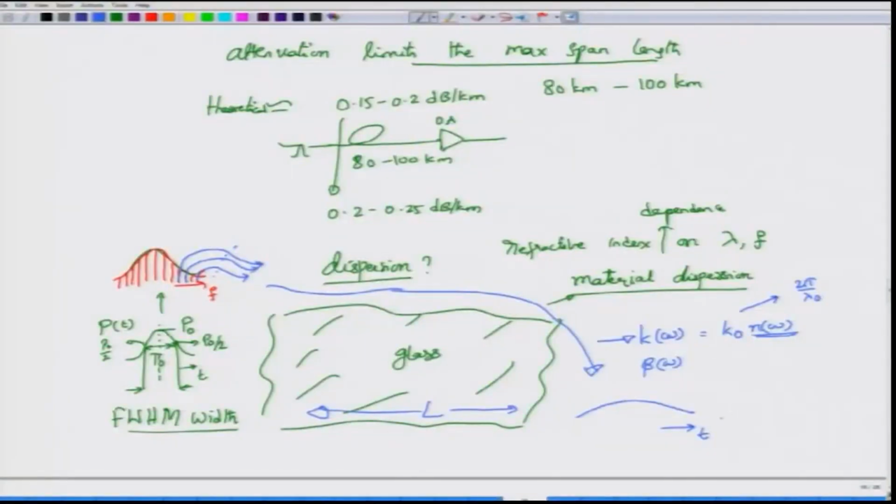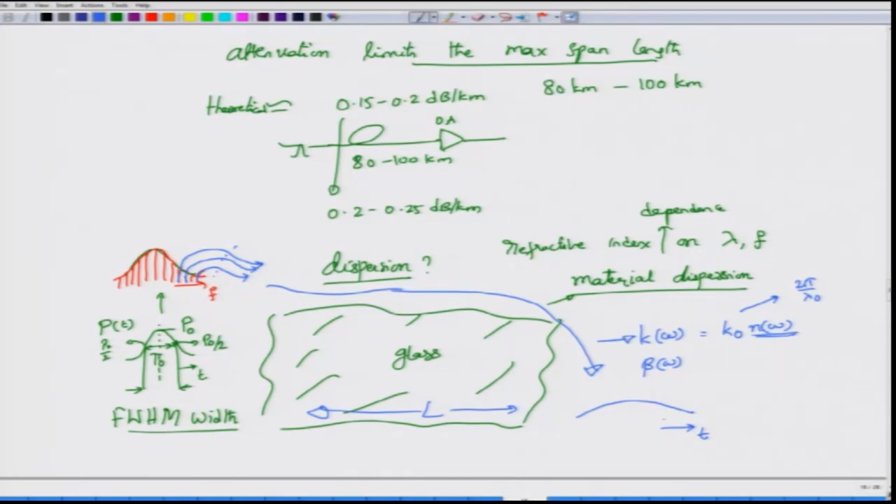Then the pulse width becomes smaller and smaller, until there is of course a certain limit as to how much you can compress this pulse. This application is called pulse compression, and it is very widely used in optical signal processing or optical pulse processing.